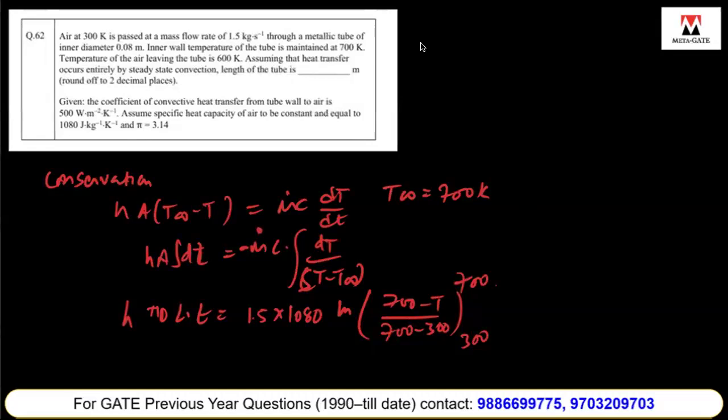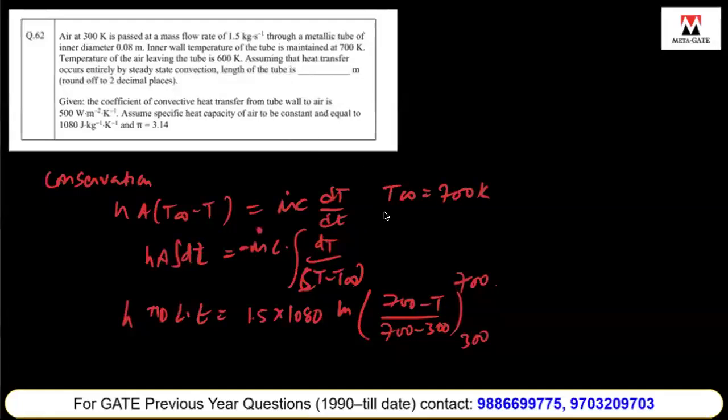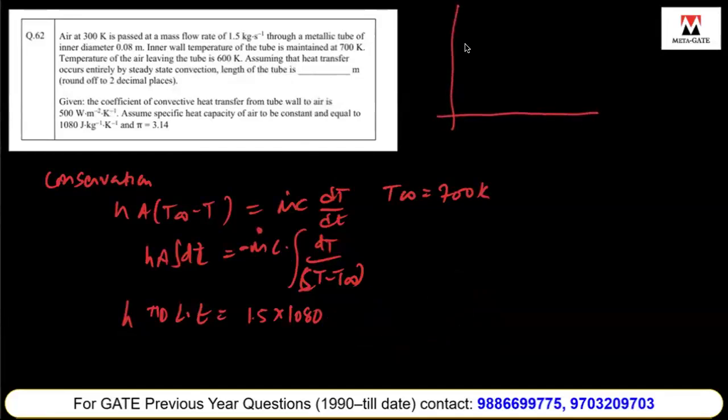You should remember a concept here: the inner wall temperature is maintained at 700 Kelvin.